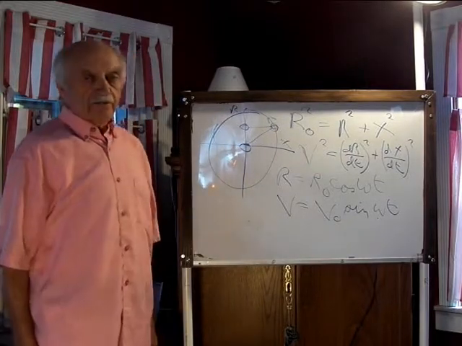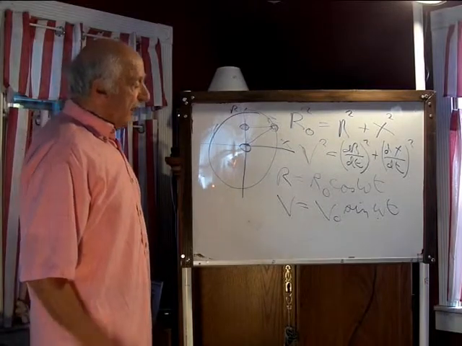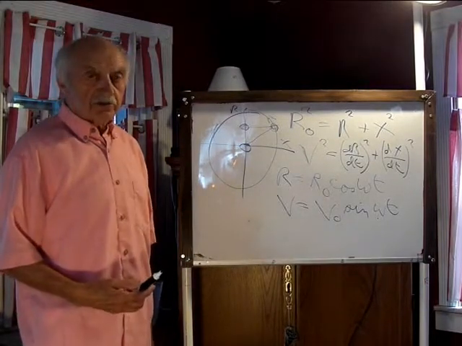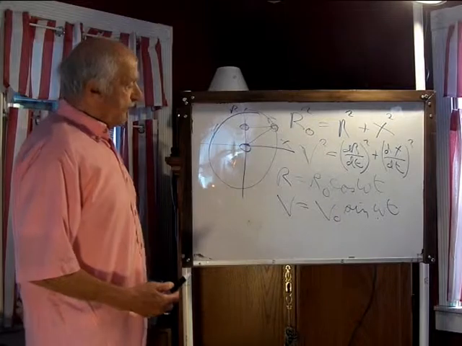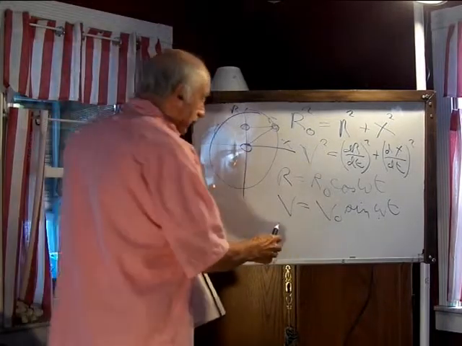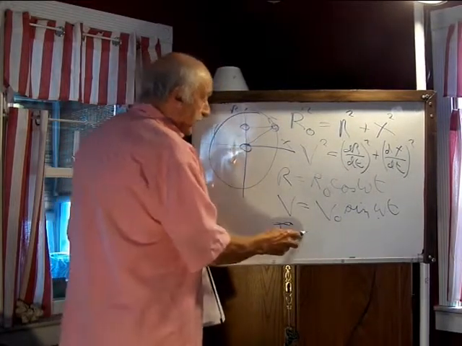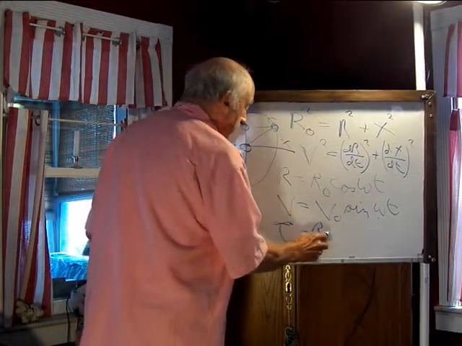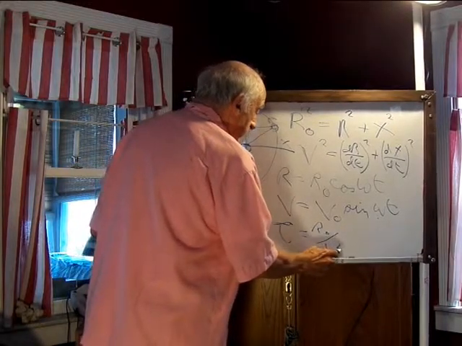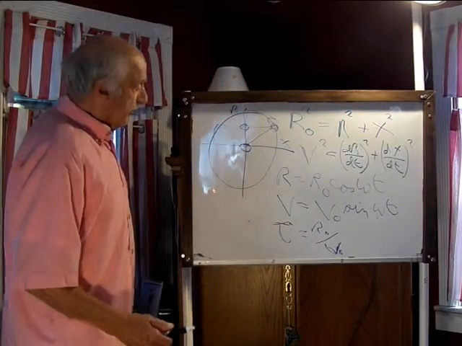That's the frequency in radians per second. I prefer to think of the reciprocal of frequency, which is the period of the system. The period, for which I use the Greek tau, is equal to R naught over V naught, and the frequency is the reciprocal of that.